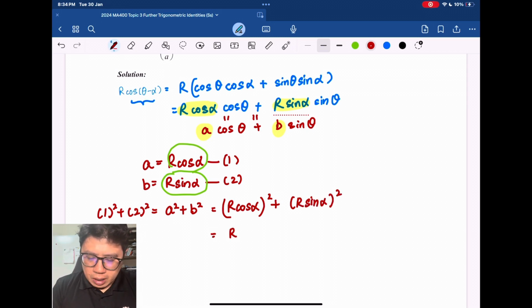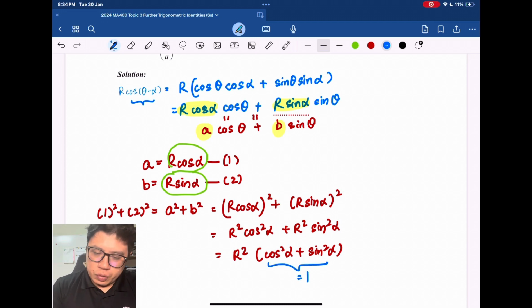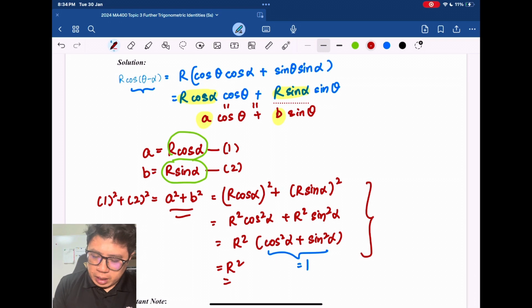This is the same as r squared cos squared alpha plus r squared sin squared alpha, which is r squared times cos squared alpha plus sin squared alpha. And you know that cos squared plus sin squared equals 1, which means our final answer is just r squared. So if you equate these two, this tells you that r is the square root of a squared plus b squared.